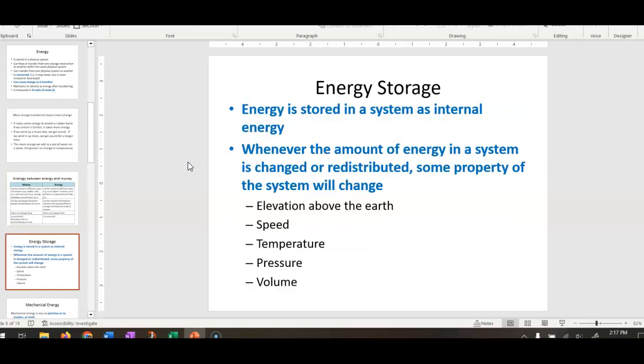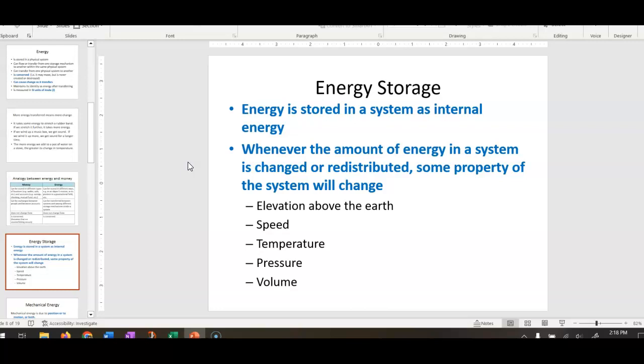When energy is stored in an object, it's stored as internal energy. And so whenever the amount of energy in the system changes, and that could either be by moving between storage modes within the object, or it could be transferring from one object to another, you're going to be able to see some physical changes.